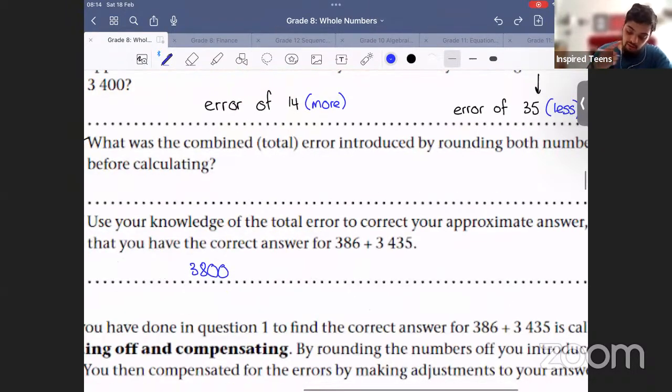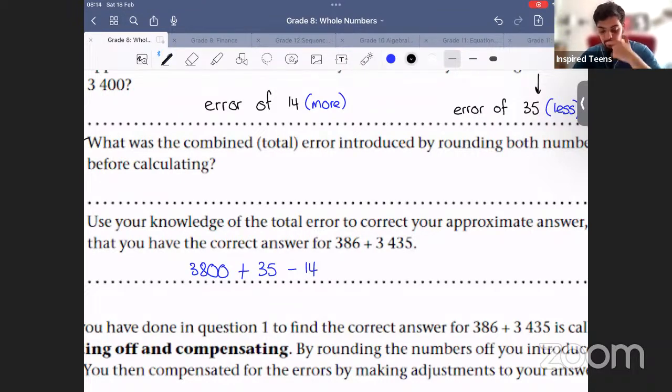In that case, for 3,800, we have to add 35, because remember it was 35 less. Now we are compensating for that error and adding it back to the number because initially we took it out. So we are going to say 3,800 plus 35, but minus 14.